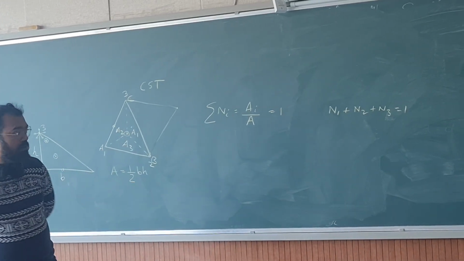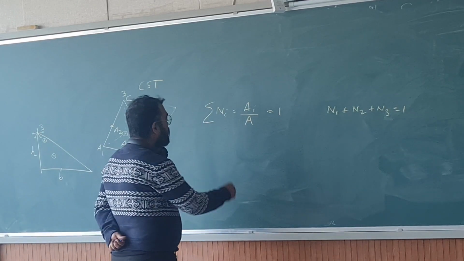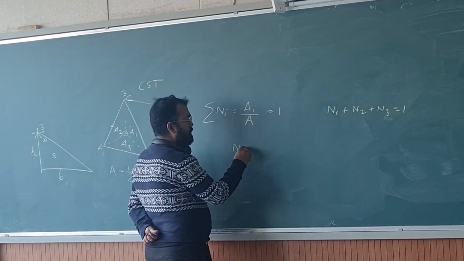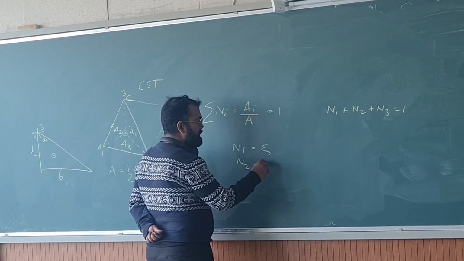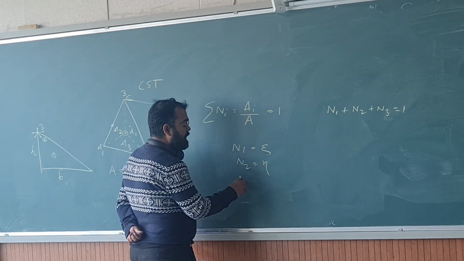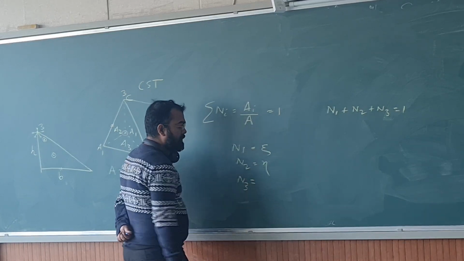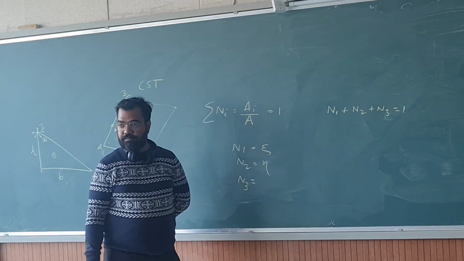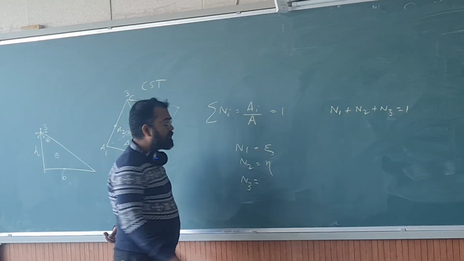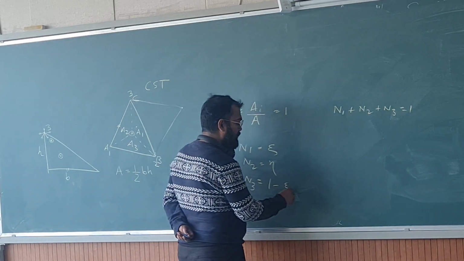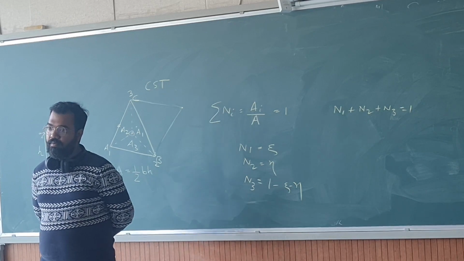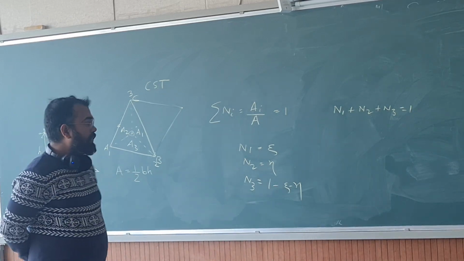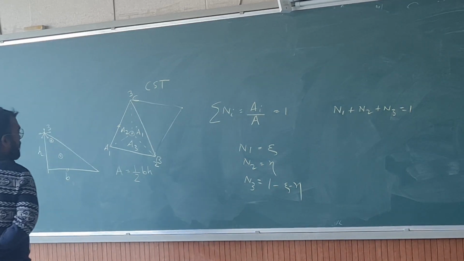So if I take n1 as epsilon and n2 as eta, then for n3 there is really no need of a third axis. The third one is simply 1 minus epsilon minus eta, because that is dependent. So in terms of local coordinates, I can define it like that.